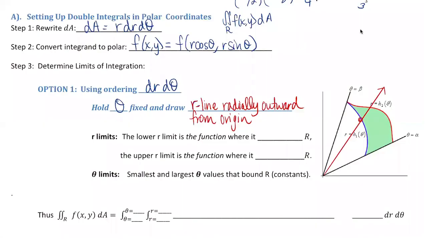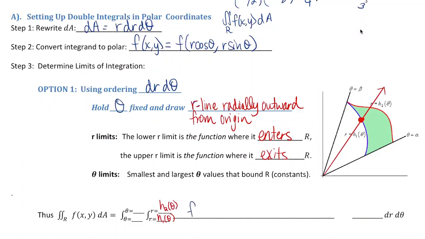The lower limit is going to be where it enters the region. In this case, you can see that will be a function that depends on theta. So we'll put that down below. R down here would be h, I'm calling it h sub 1 of theta. And then the upper limit is going to be where that would exit the region. In this case, that'll be h sub 2 of theta, some other function of theta.